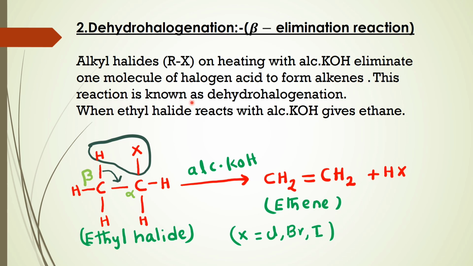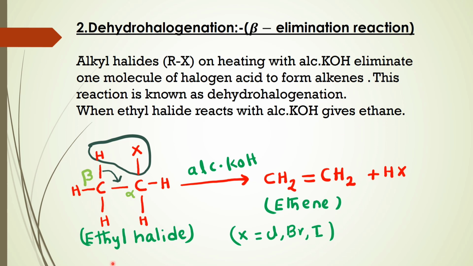This reaction is known as dehydrohalogenation. De means removing, hydrohalogenation means hydrogen and halogen. When ethyl halide reacts with alcoholic potassium hydroxide, it gives ethene.